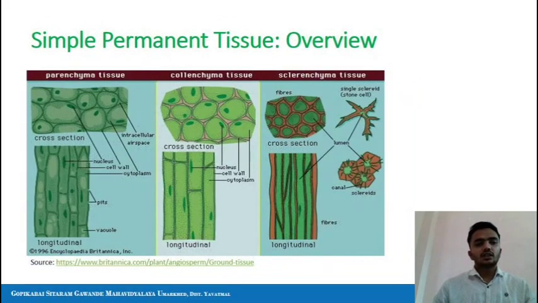Here you can see the picture of parenchyma tissue, which generally acts as a storage tissue of a plant. Then collenchyma, and then the sclerenchyma, which is generally dead in nature and gives mechanical strength or support to the plant.